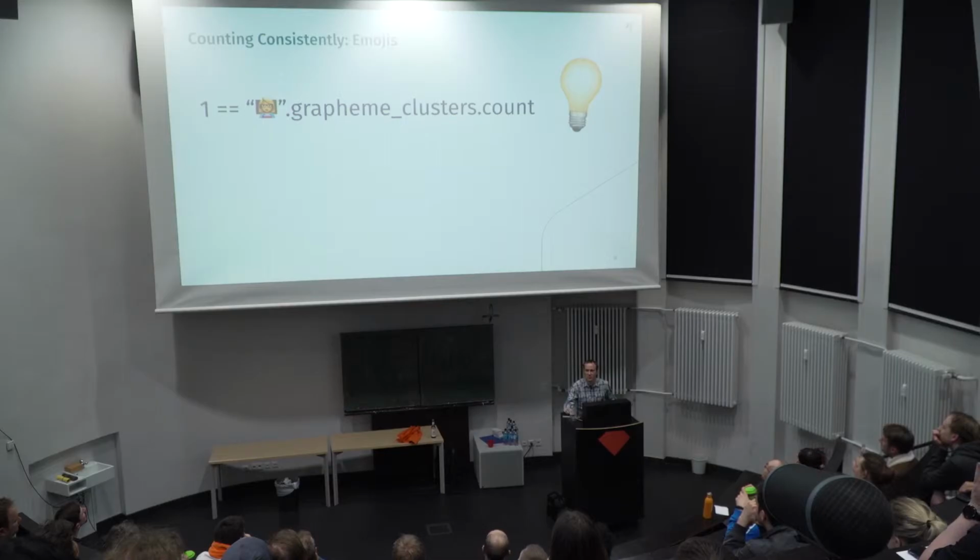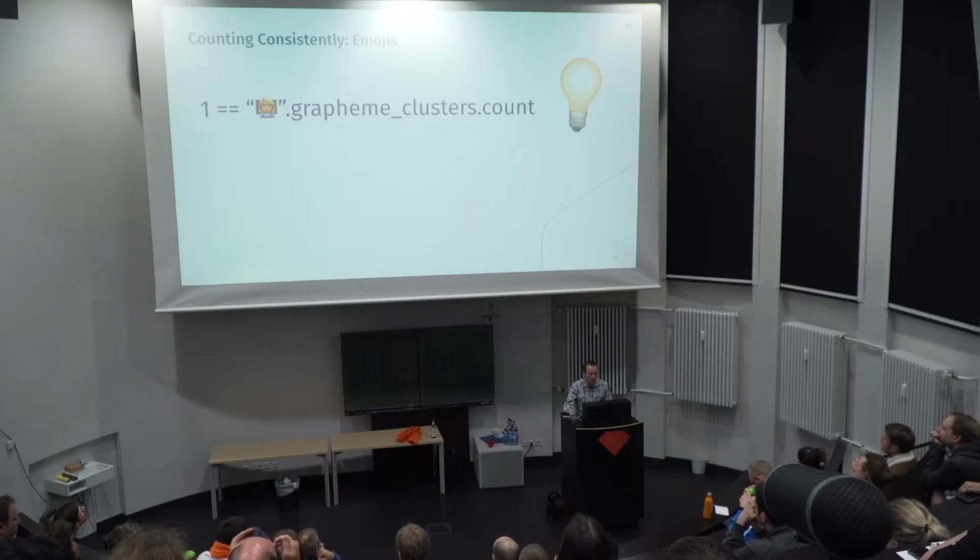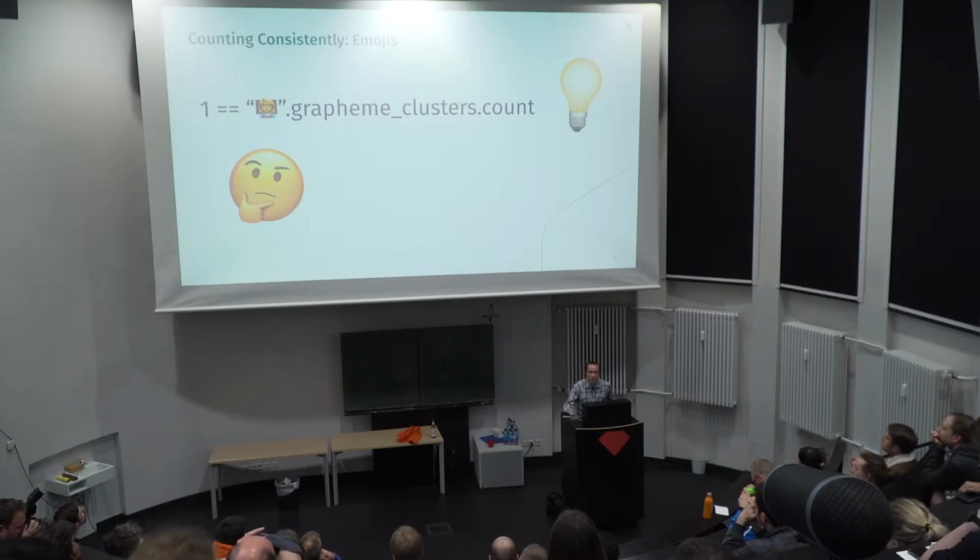So what is a grapheme cluster? The simplest explanation I found was a grapheme cluster is a user-perceived character. So, of course, every user would perceive this female teacher as 1 character, so it makes total sense that this is 1. But do we want to use that to count, really?